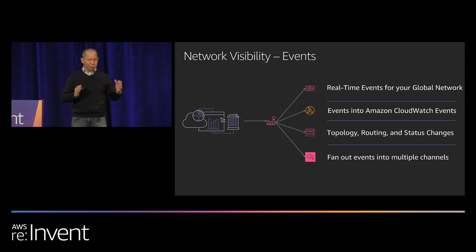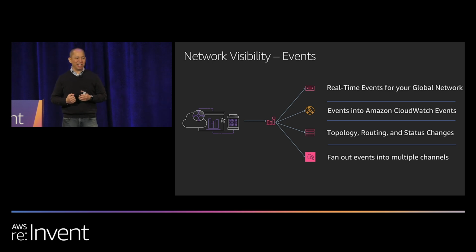Now, metrics is great, and it gives you that time series and that historical trend, and you can look at packets coming in and out and the packets that are being dropped, and you can see all that information. But we wanted to take the network visibility a step further. And if you really think about it, the challenge is, have you ever wondered, when did a particular route get installed in my network?